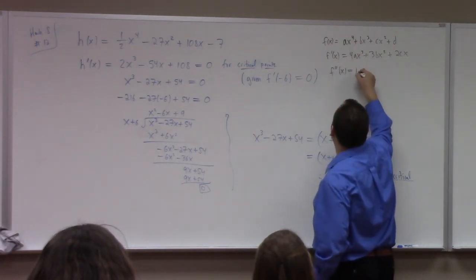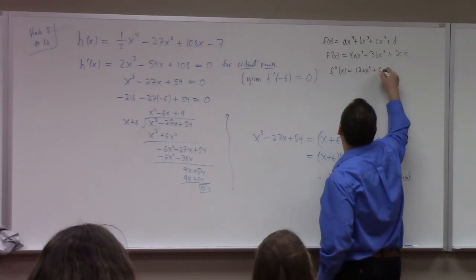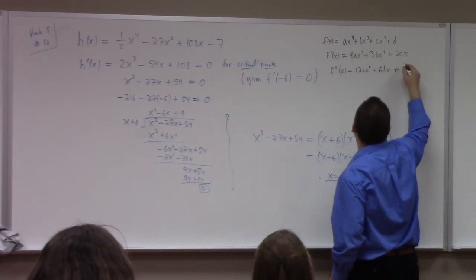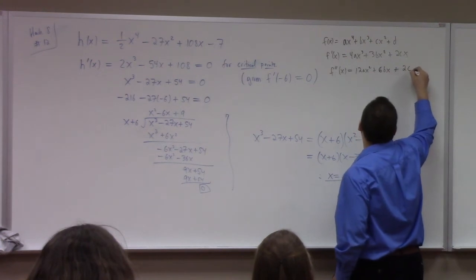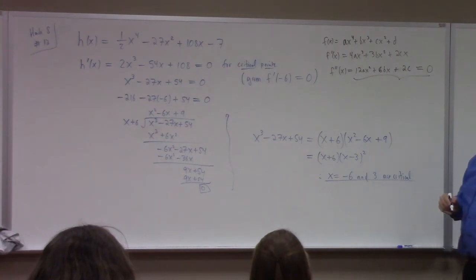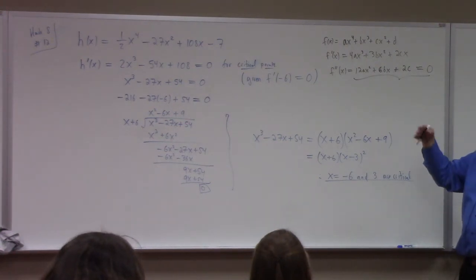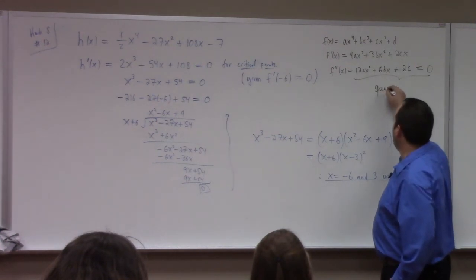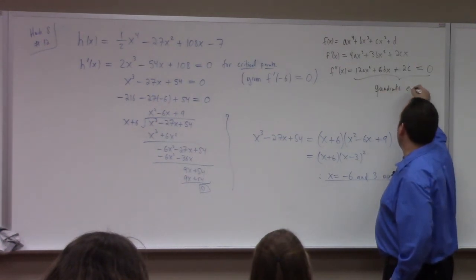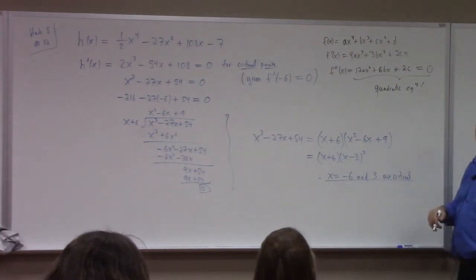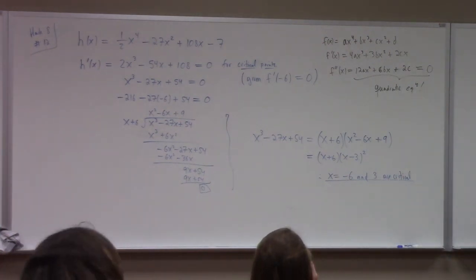And that would tell us possible inflection points, right? So what is this? For a particular a, b, c, this is a quadratic equation, which means you can use the quadratic formula to find out where it's 0.